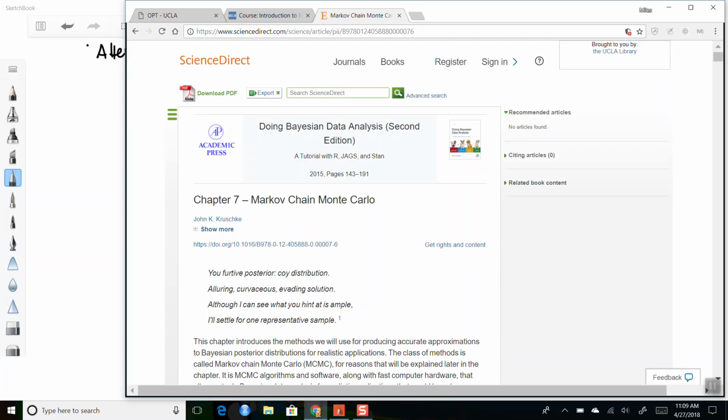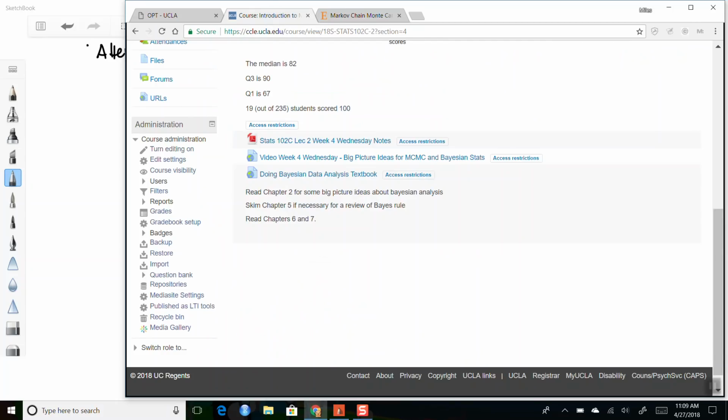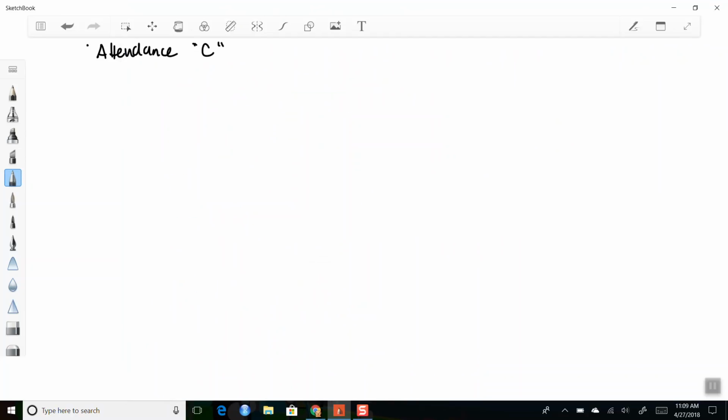I love this one. All right, you furtive posterior coy distribution, alluring curvaceous evading solution. Although I can see what you hint at is ample, I'll settle for one representative sample. Okay, well, thanks for humoring me. But anyway, read the assigned chapters. That was a bit more suggestive than I expected. Now that I'm reading it to the class, I thought it was creative when I read it in private, but okay. Anyway, I'll stop talking. Not really. I have to. It's my job to talk.